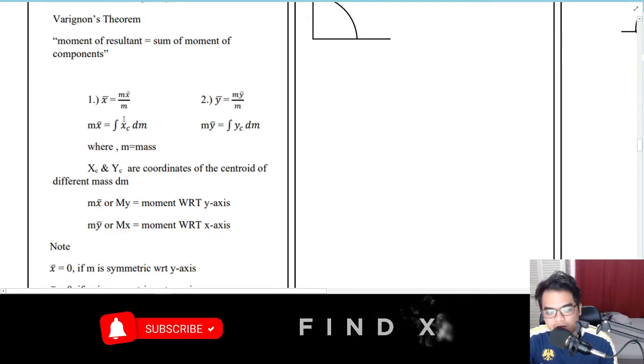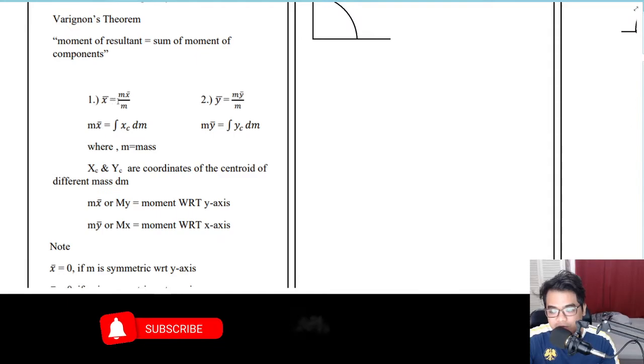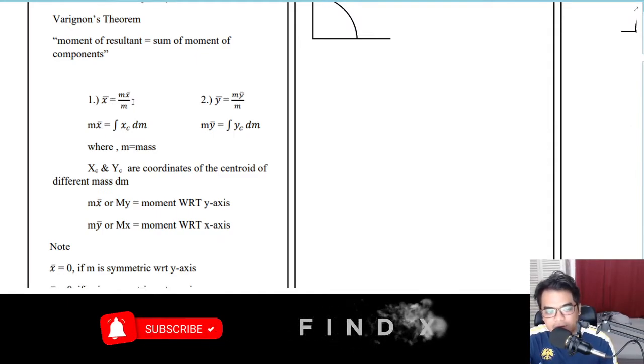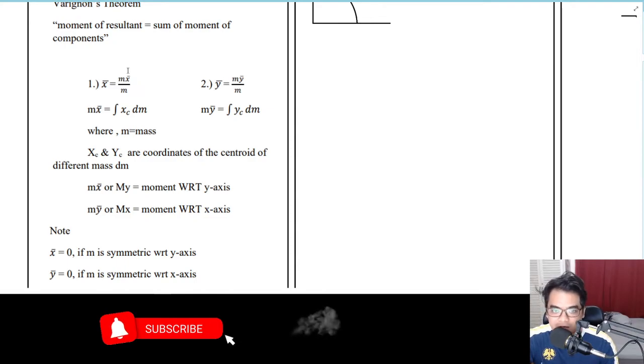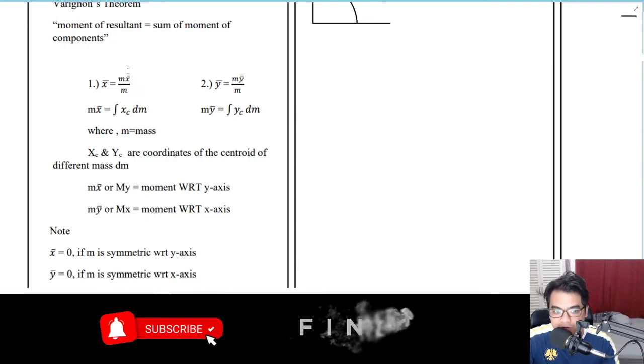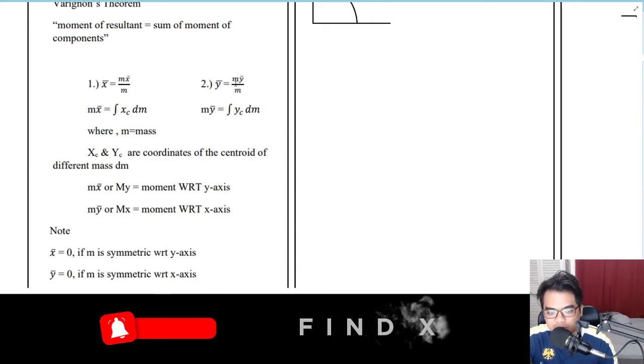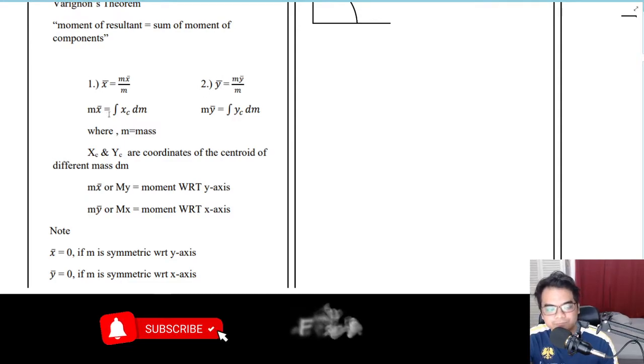So we have here the formula, which is x bar, or the centroid with respect to the x component, that will be M x bar all over M. In this case, you cannot cancel M because M x bar, the numerator, will contain a differential, dy or dx. That will be the same with y bar, the centroid with respect to the y coordinate.